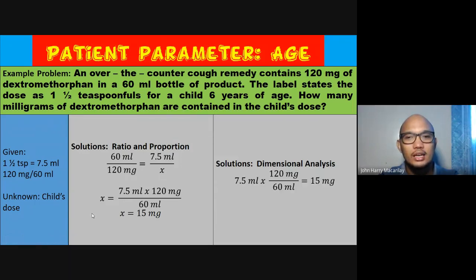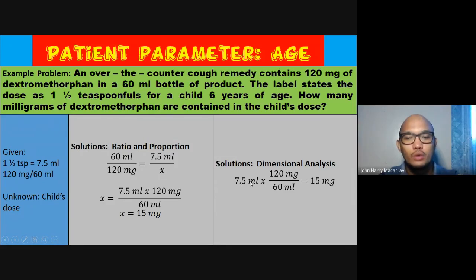For dimensional analysis, again, it will look like this. So let's consider the part that doesn't have a pair, which is now your 7.5 ml multiplied by a ratio that is equivalent now to 120 milligram per 60 ml. Again, cancel the unit of ml. What's left? It's just a milligram.